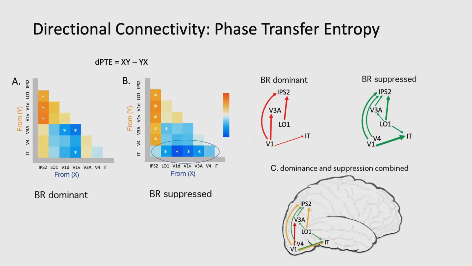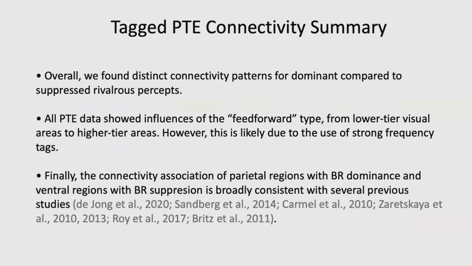Interesting to see a strong connection from V1 to V3, maybe ultimately involving the parietal cortex, insofar as the connection I made between dominant percepts and alternation rate. So we found some distinct connectivity patterns for dominant compared to suppressed. And in this case, it was all feed forward type.